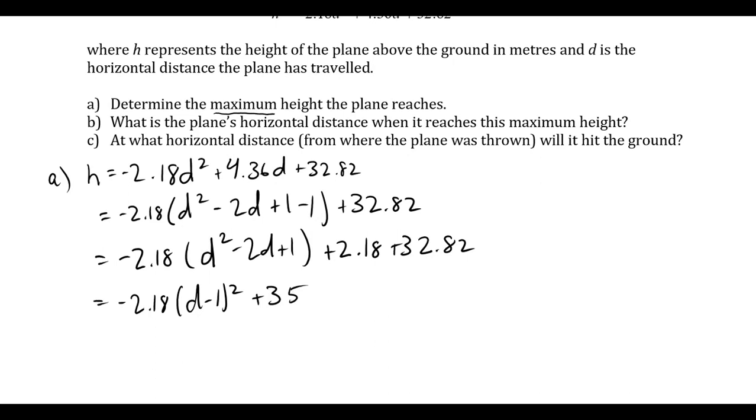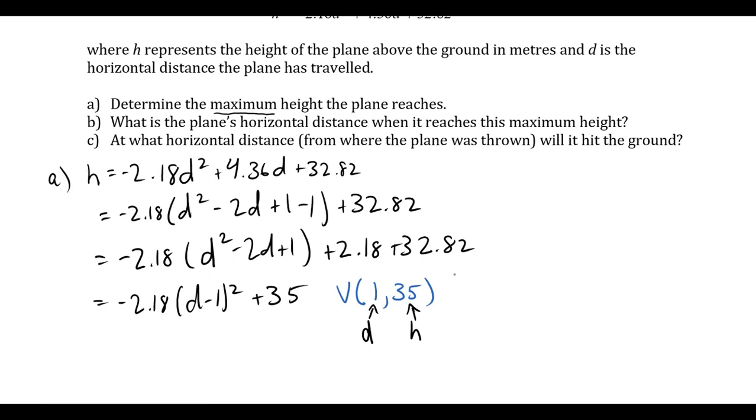Whenever I finish these, I always write the vertex, remind myself what I'm doing. And this is the tricky part, but this is where the thinking, the understanding, and really that I think people skip, but it's helpful to take the time and think about what this means. So this is a value of d, and this is a value of h. It's an ordered pair. And that was like my x and my y compared to an equation that we're used to graphing, right?